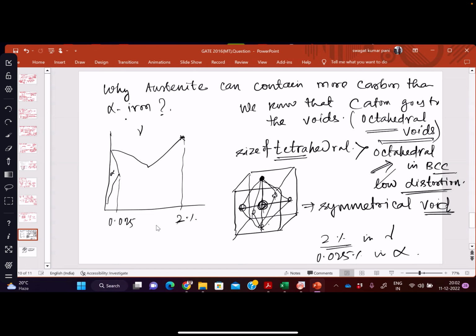This is a good question actually. We know for sure that carbon atoms are occupied in the octahedral voids for this reason, for symmetry. But it can go to the tetrahedral voids, but that will make the structure a high energy structure, so that will not be stable.